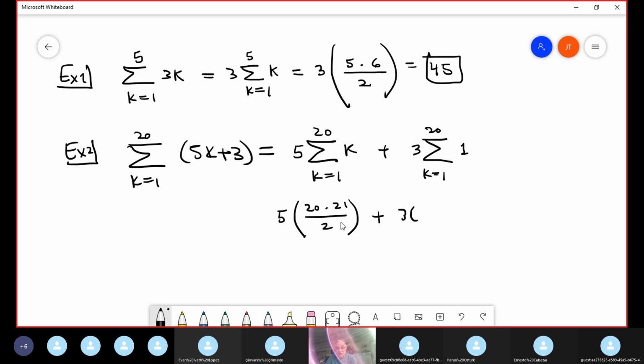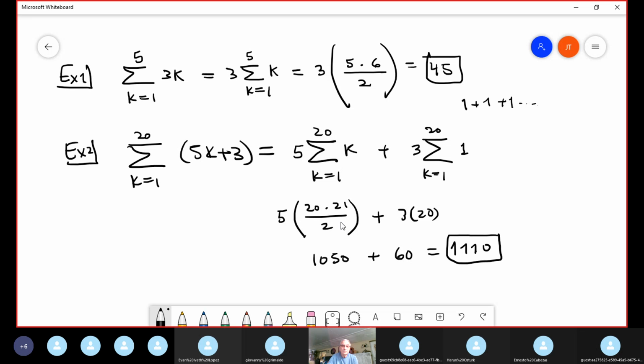It's 3 times 20. Do you understand this or no? Because this summation is 1 plus 1 plus 1, 20 times. This is 20. 20 times 3 is 60. The answer of this is 1050. The answer of this is 60. The total answer is 1110. Any question?